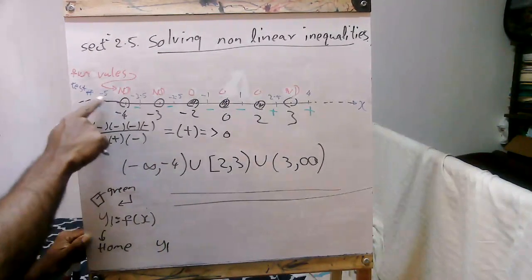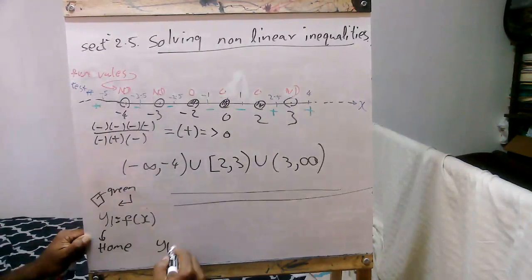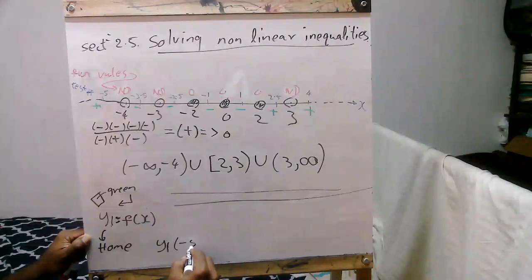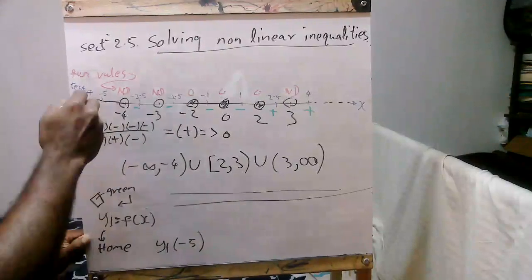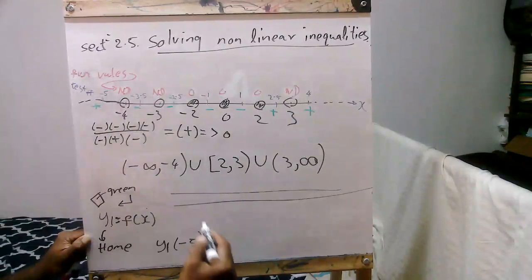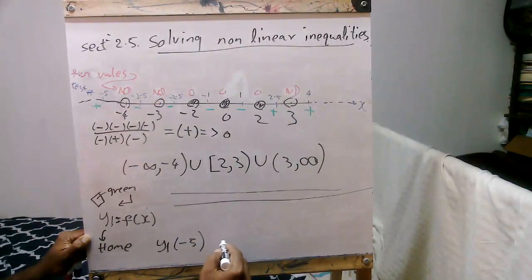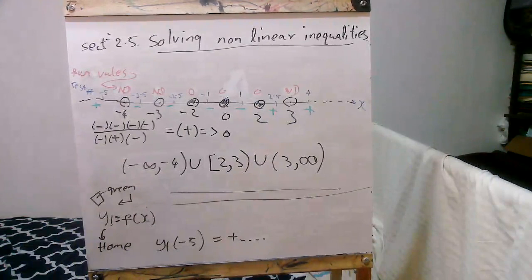If you want to calculate this check value, y1 of negative 5, it will give you some positive answer equals plus blah blah blah, right? It gives you a positive number. You don't need the number, you need only the sign.